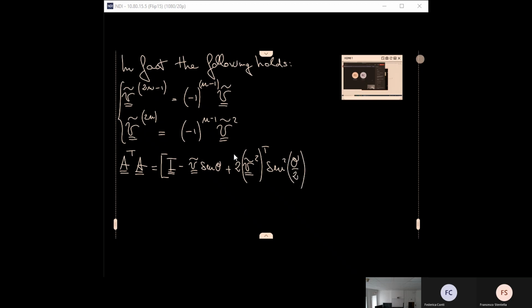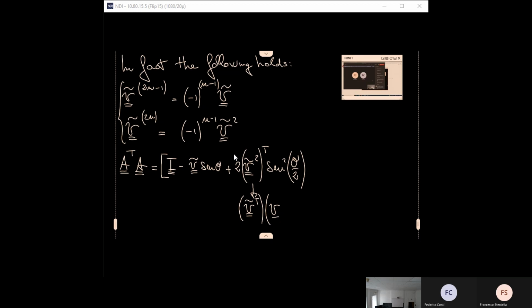Is that correct? But the transpose of this is basically 2 times the transpose of V. So we could write something like this. This is the transpose applied over this, because you know that the transpose operation distributes over a multiplication of matrices.